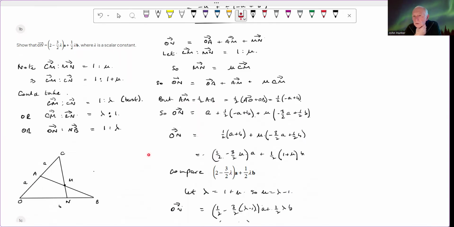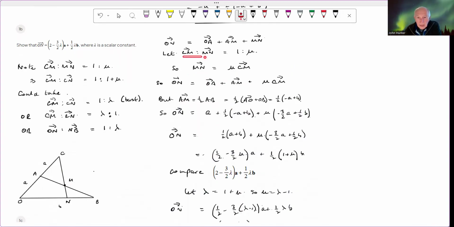So if we introduce a scalar parameter here, then that will at least allow us to progress. This is where the catch comes in: let MN equal mu CM.